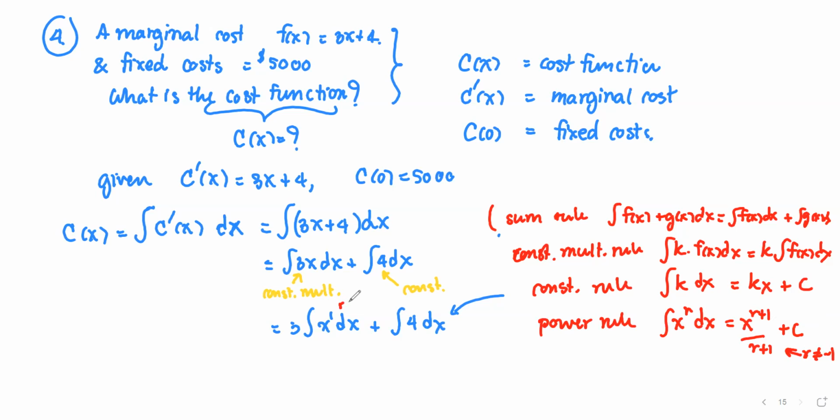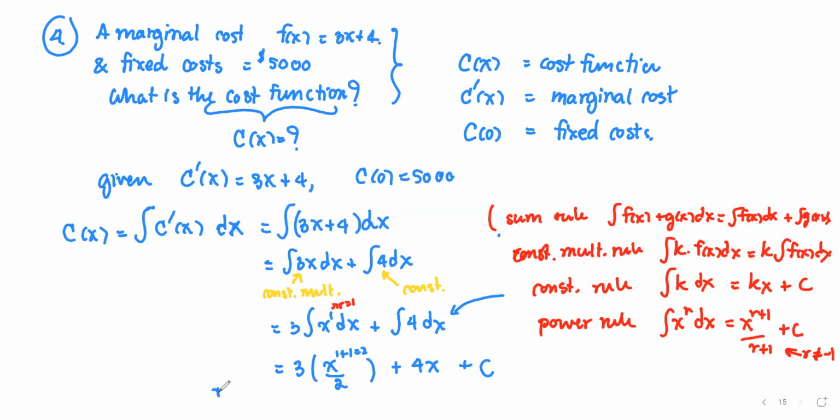For our case, r equals 1, so we are good. We can use the power rule. The first term becomes 3 times x to the 1 plus 1, which comes out to be 2, so divided by 2. And then plus the constant rule, so it's going to be 4 times the variable x plus the constant of integration c.